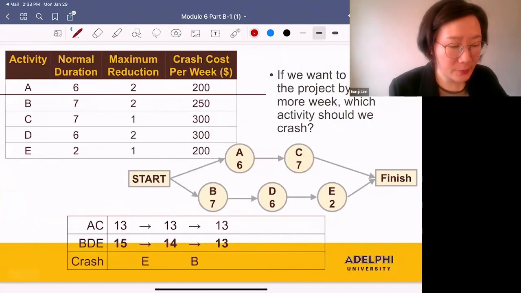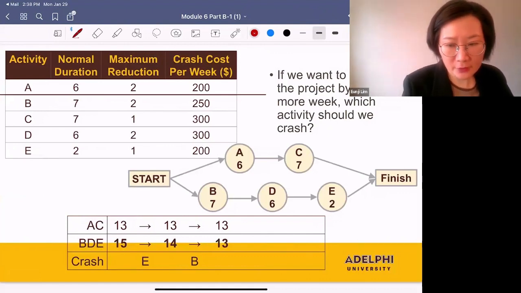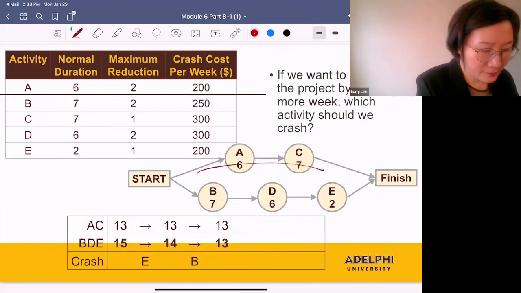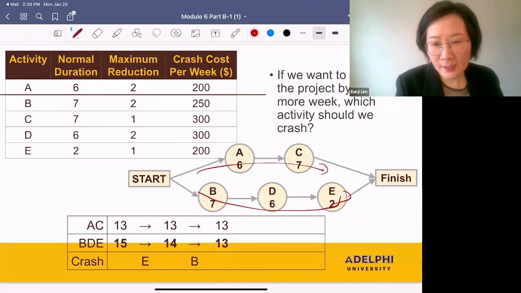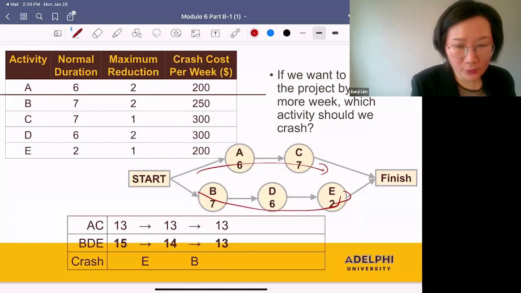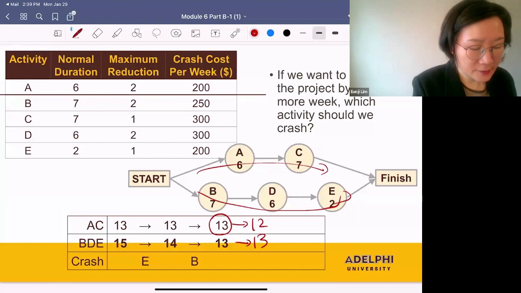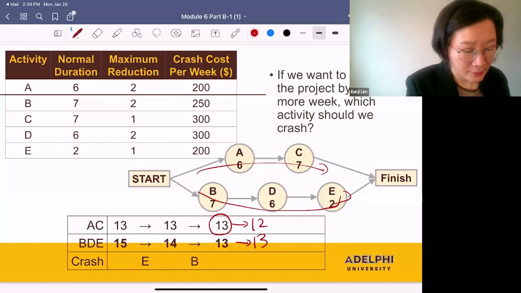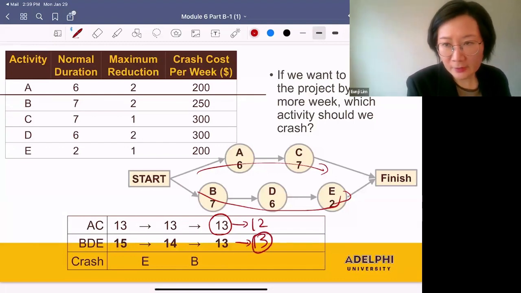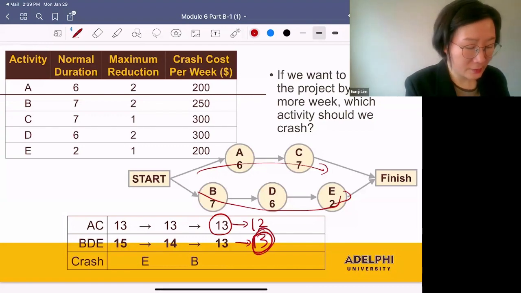Next, if you want to crash this project by one more week, which activity should we crash? Now we have two critical paths, AC and BDE. And now you have to crash both of them, because if you crash just one of them, for example, the first one, then the first one becomes 12, and the second one stays 13, then this becomes the critical path, and the project completion time is still 13.